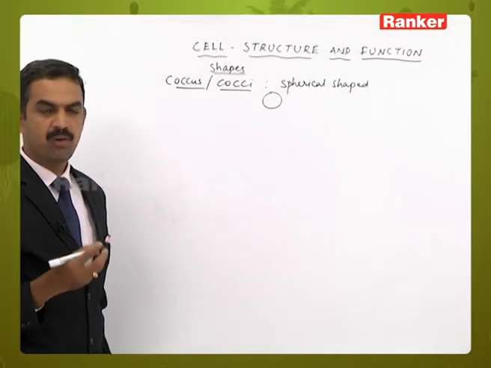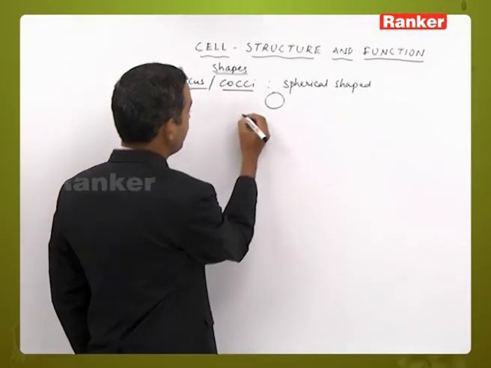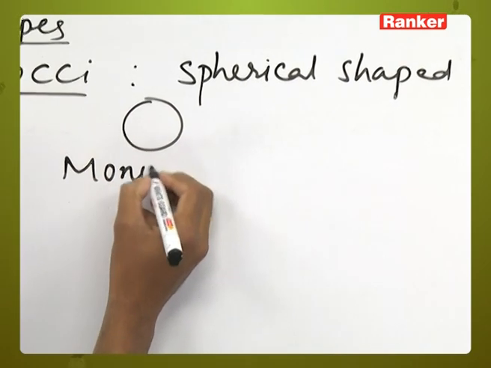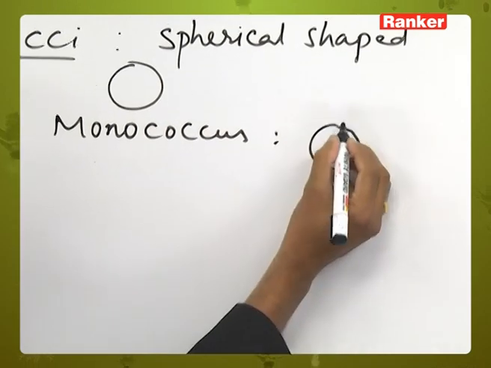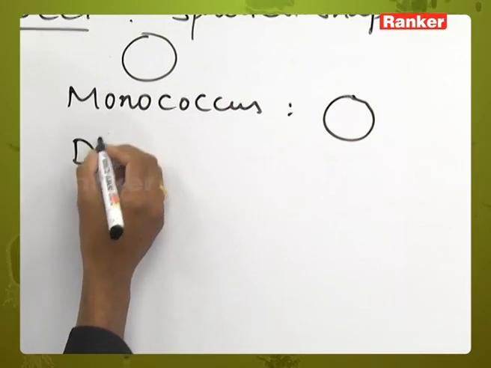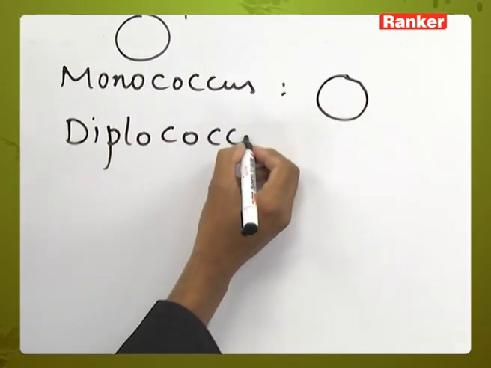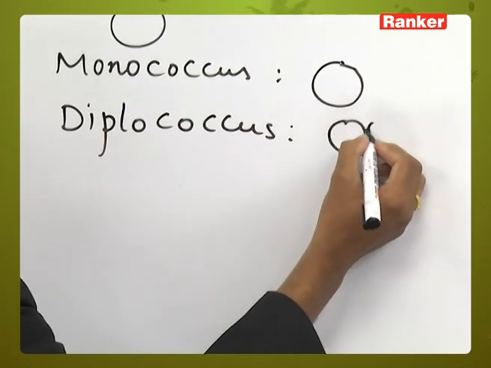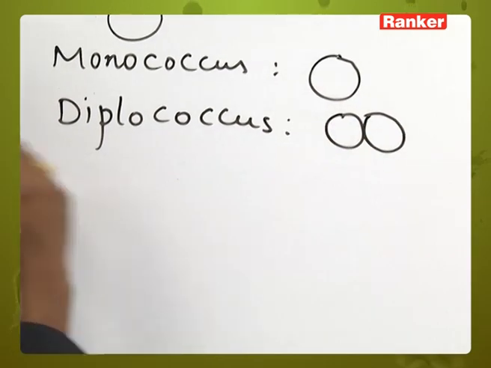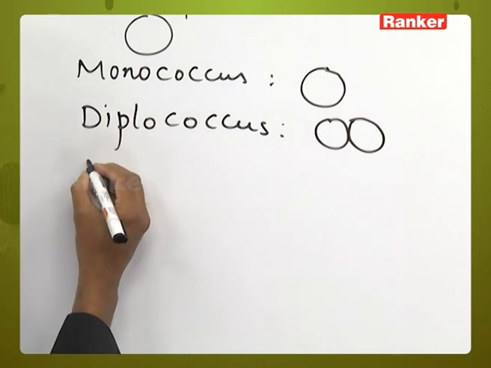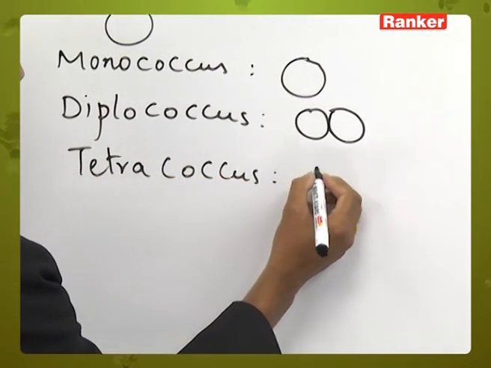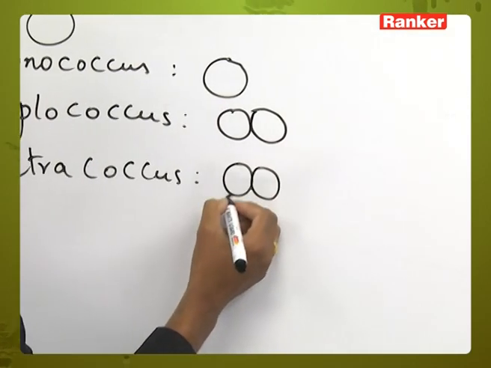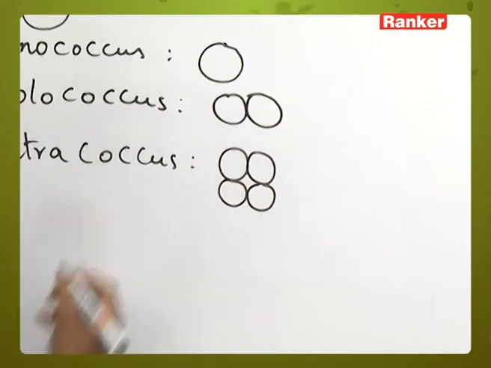Based on the number of spherical structures, these are monococcus with a single sphere, diplococcus with 2 spherical structures, and tetracoccus with 4 spherical structures.